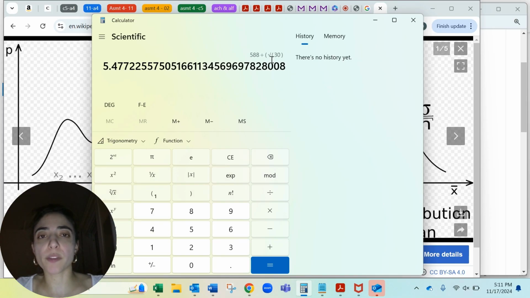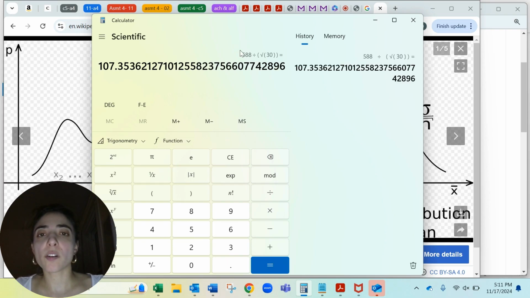Notice I use these parenthesis symbols to do the order of operations. In other words, 588 divided by the square root of 30 will equal 107.3536322. And so this is the number that I will use for the standard deviation in my normal probability calculator.